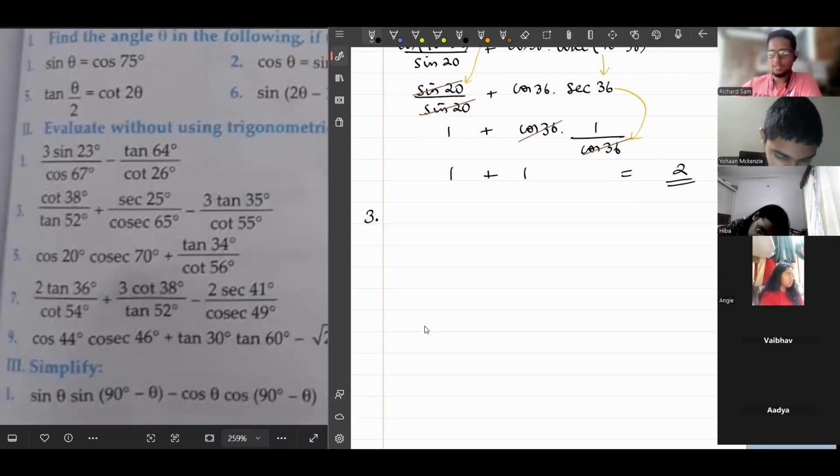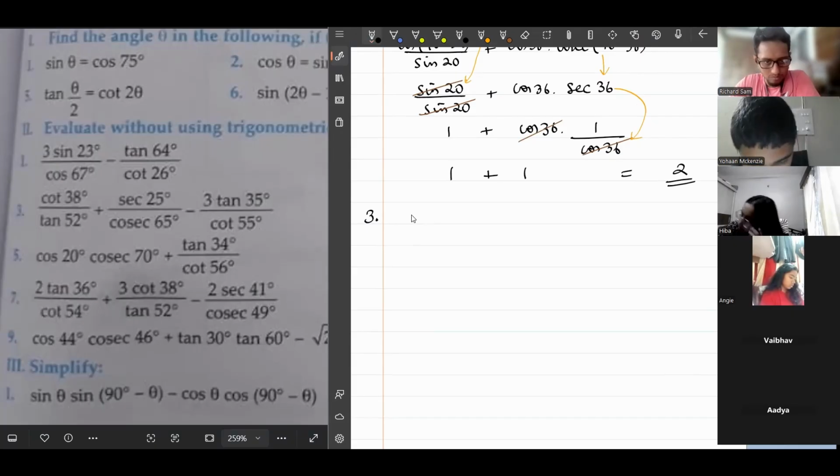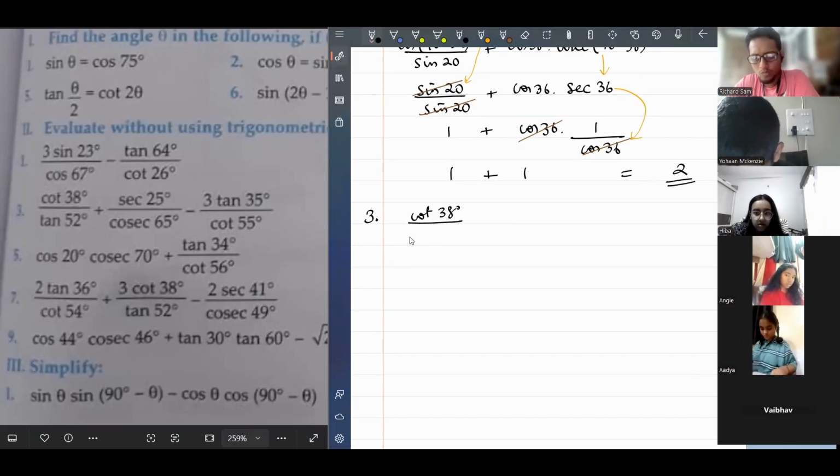Okay, anyone else got the third answer? Vaibhav, Adya, turn your cameras on. As -1. Yes, you are correct.